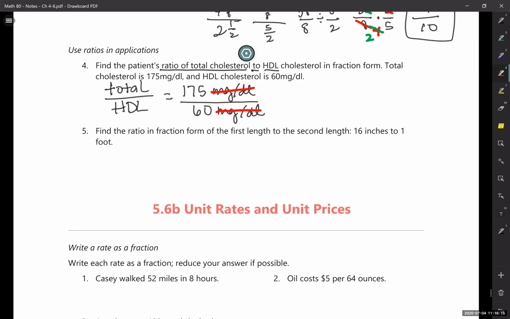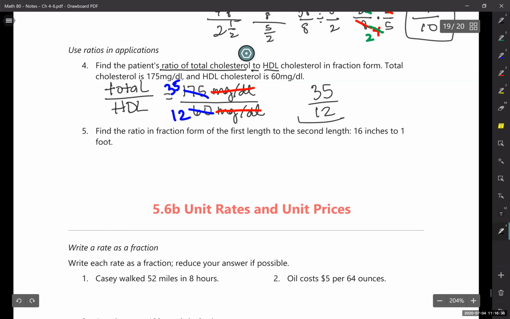So I'm going to look at 175 over 60, and it reduces to, because 5 goes into both of them, 35 on top and 12 on the bottom. So the final answer is just 35 over 12. We want it in fraction form. That's what the problem asked for. And there are no units because the units canceled each other out.